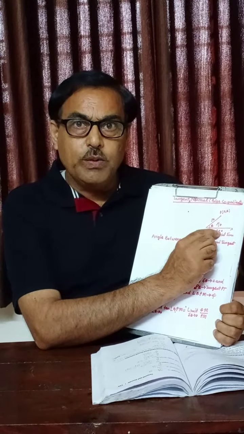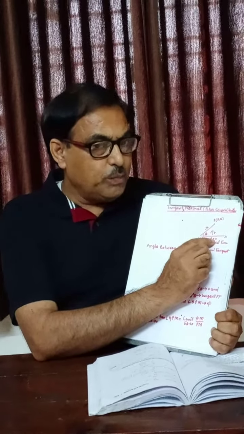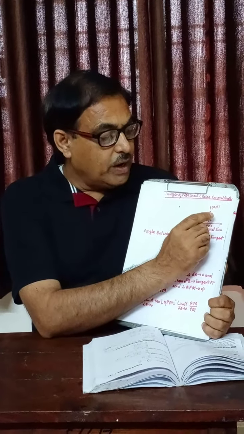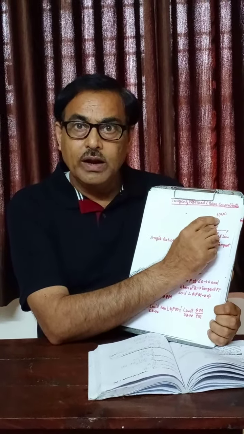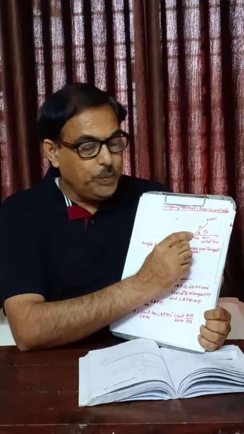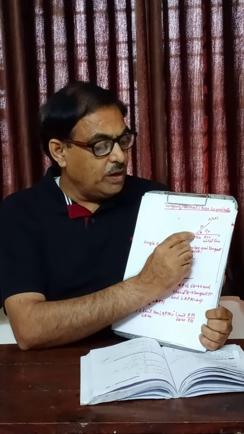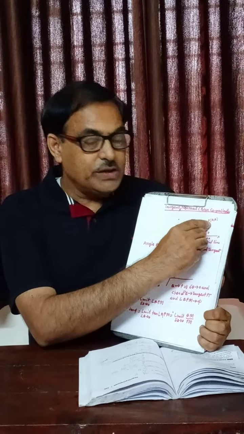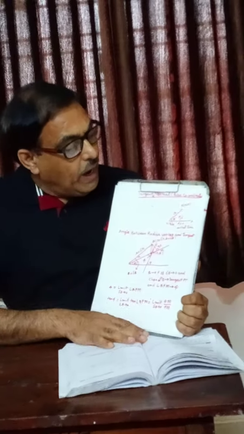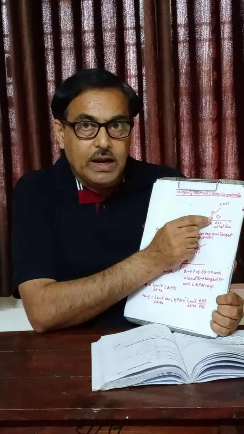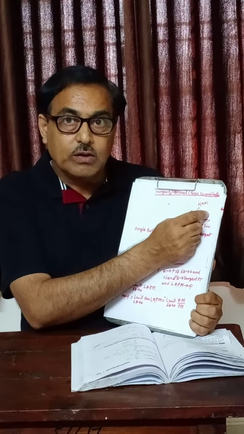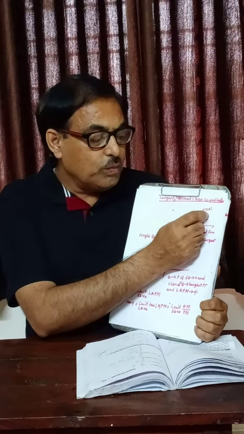And the coordinate of any point P in polar coordinate system is represented by (r, theta), where r is the length of OP, meaning join the point P with the pole O, this line segment OP, and theta is the angle between OP and the initial line in the positive direction, the anti-clockwise direction.